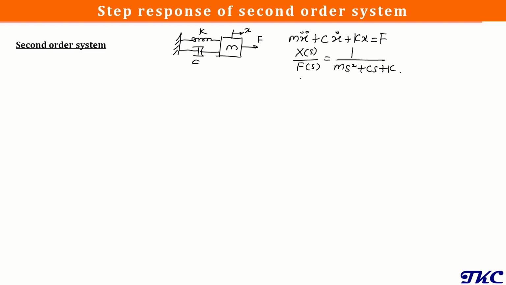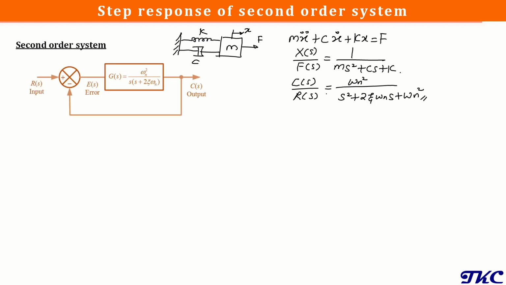For a second order system, we can also write the closed loop transfer function in a standard form as C of s upon R of s, and that will be equal to omega n square divided by s square plus 2 zeta omega n s plus omega n square. So this is the standard transfer function for any second order system.